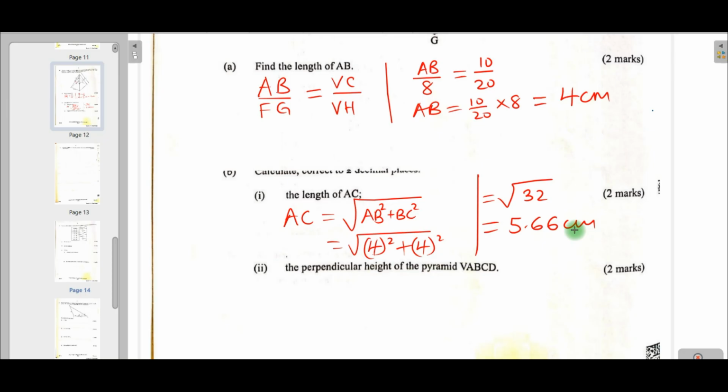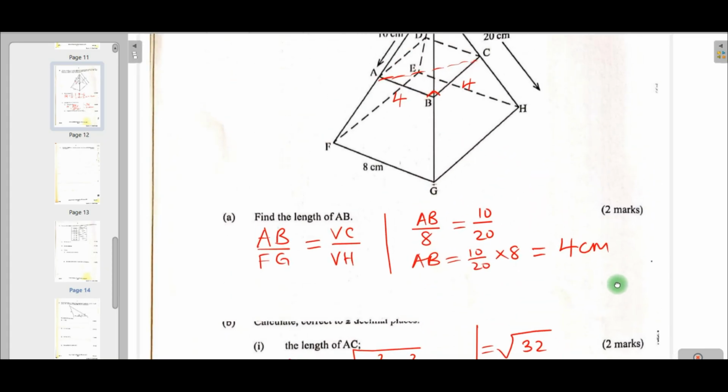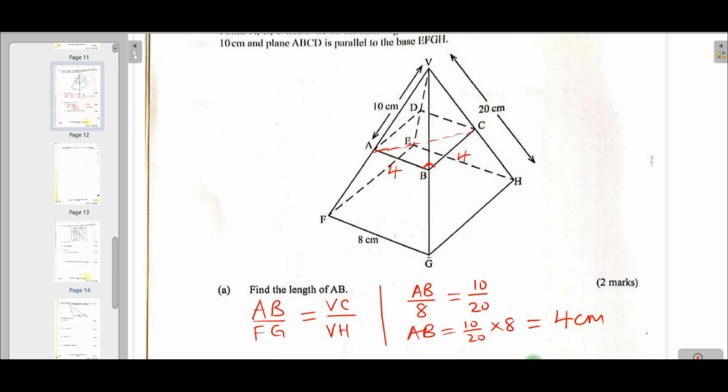Then from there we find the perpendicular height of the pyramid VABCD. So it's the smaller pyramid.